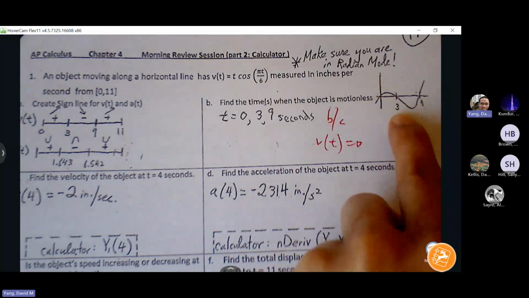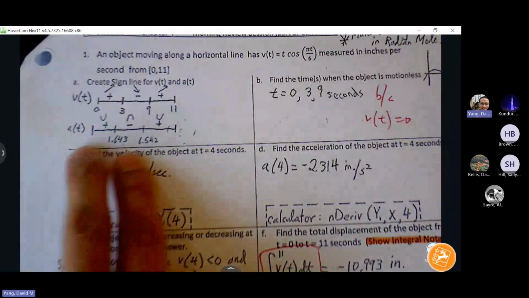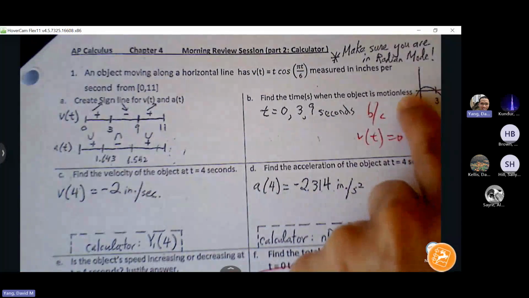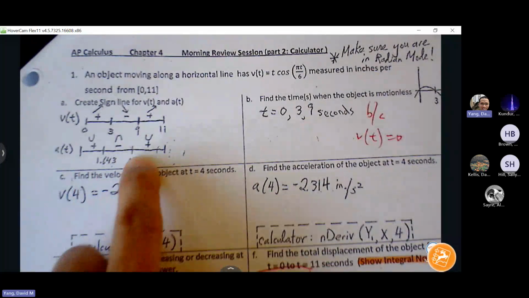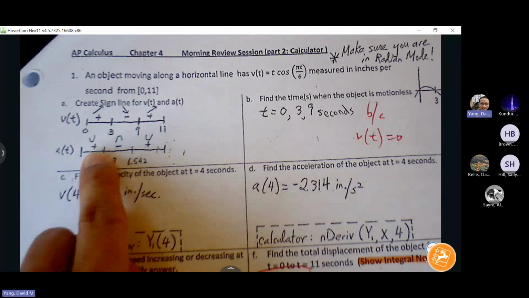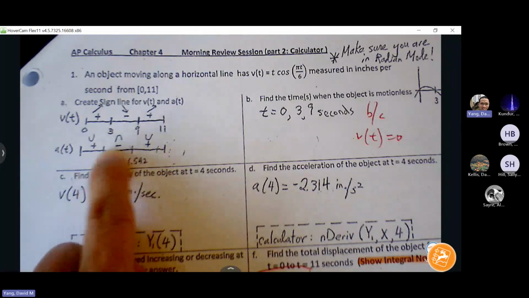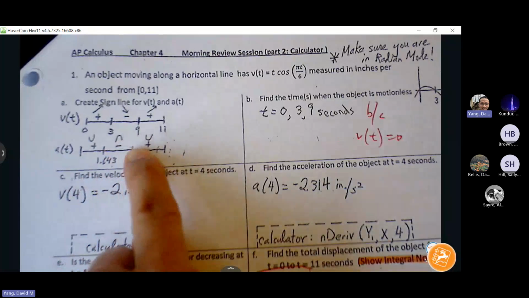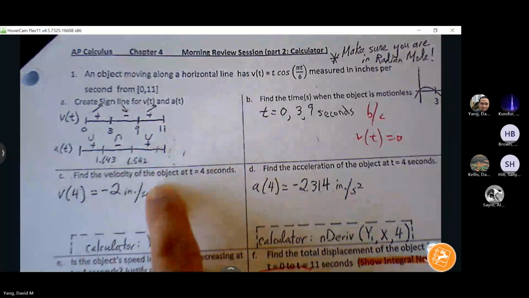So you use your second zero or second trace max and min feature to help you find your critical points. Then you look at the slope. Positive slope is concave up, negative slope is concave down. Or in other words, positive slope is positive velocity, positive acceleration. Are we good with the graphing and finding all that?